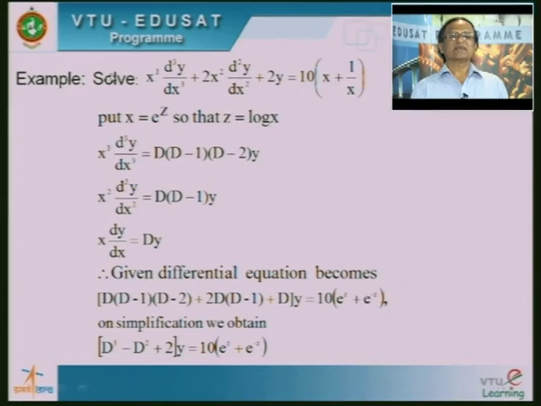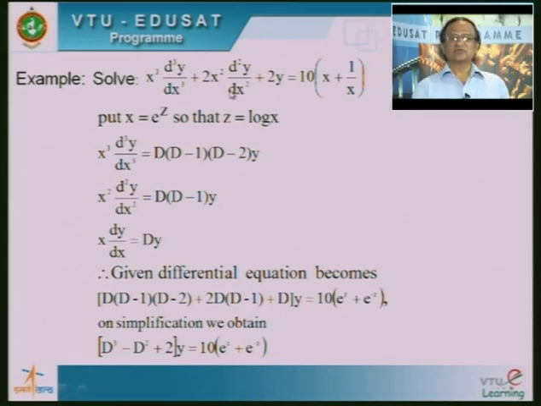Clearly I can say it is a non-homogeneous Cauchy-Euler equation, because the power of x is 3 for the third derivative, x square for d square y upon dx square, plus 2 times y.